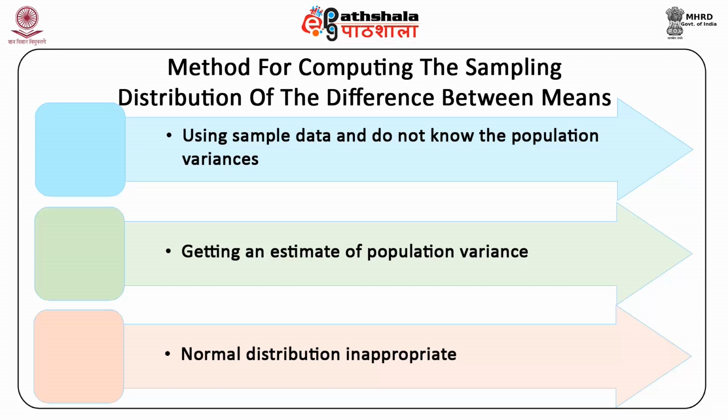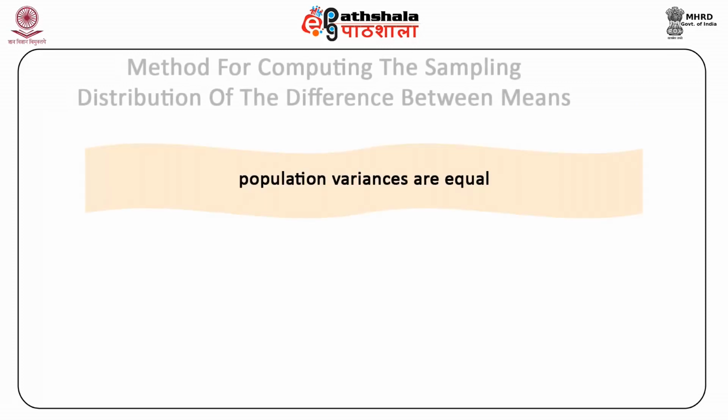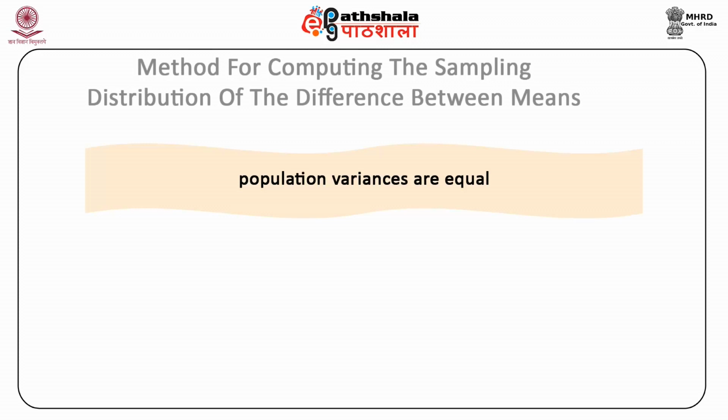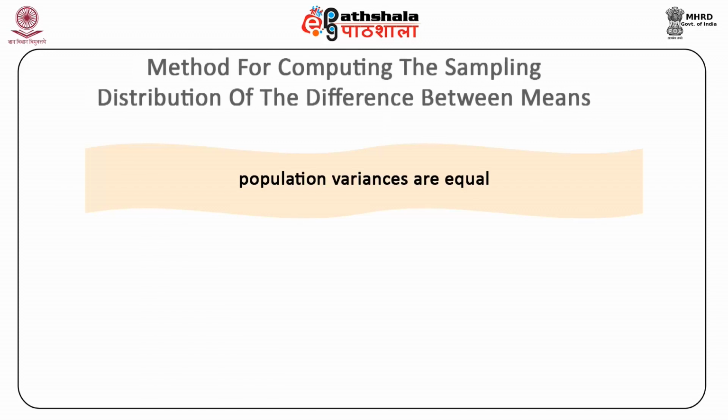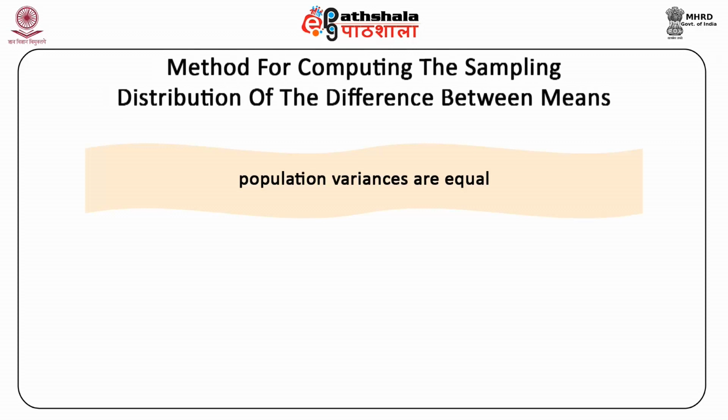Secondly, this estimate can be obtained through two different assumptions. When we can assume that the population variances are equal, we use the formula to calculate the standard error. In other words, when the two population variances are equal, then there is some variance sigma square common to both populations.